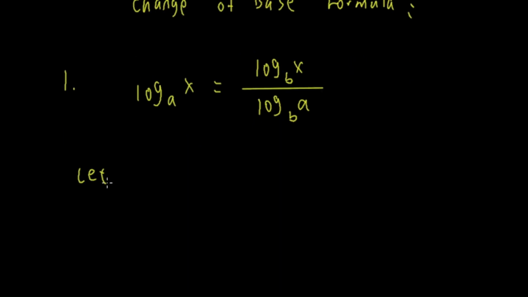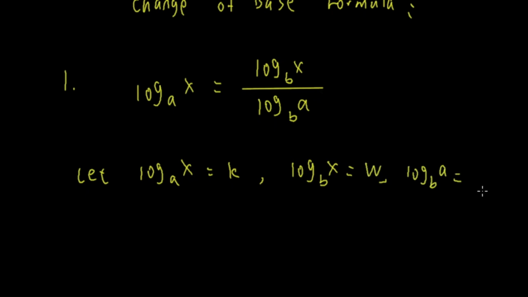We will let log x to the base a equal k, and then log x to the base b equal w, and log a to the base b equal h.